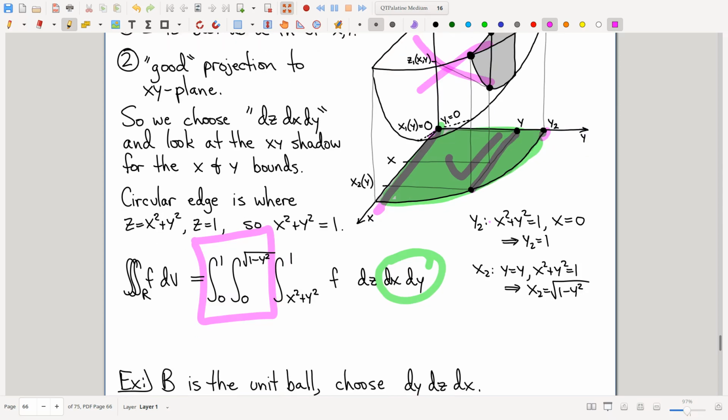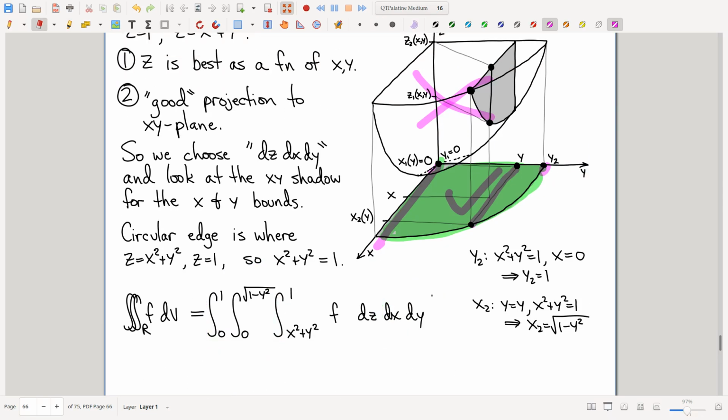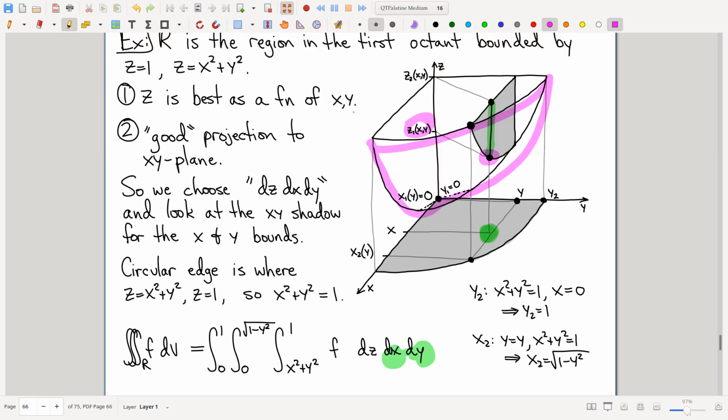Now, what do we do about the Z bounds? Well, we are going to have to go up to the three-dimensional picture here. I'm going to have to look at, for example, a point like that, which represents certain values of X and Y, and then I'm going to say, all right, there's that corresponding slice, and the lower bound for Z is going to come from this surface, which, by the way, has this equation. And how do I solve for Z in that equation?